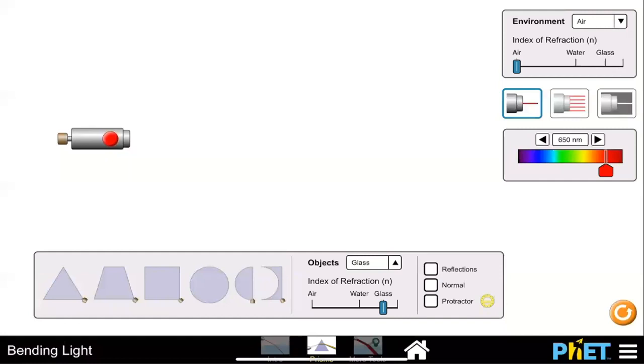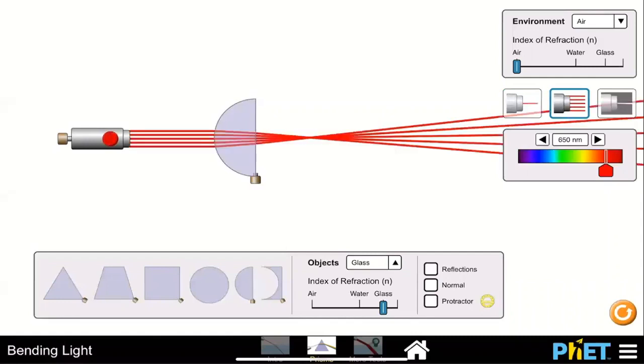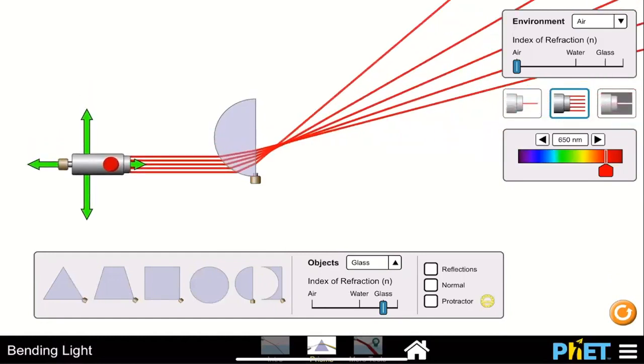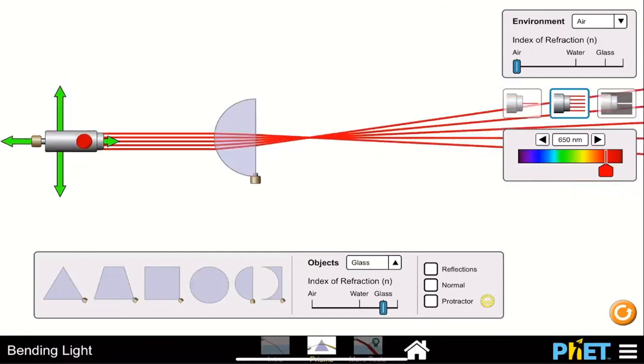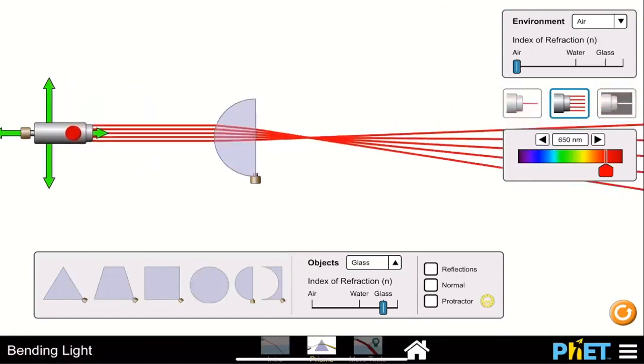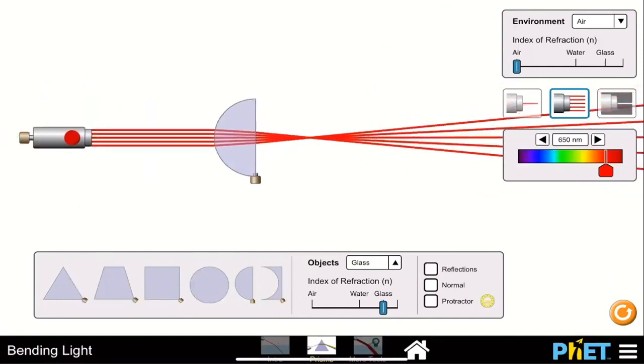We have here still the laser pointer, and we have a convex lens. You're going to use a laser pointer with a small number of rays so that you're able to clearly see what is happening to the light as it passes through the different lenses. You can notice that there is a common point where the light focuses.